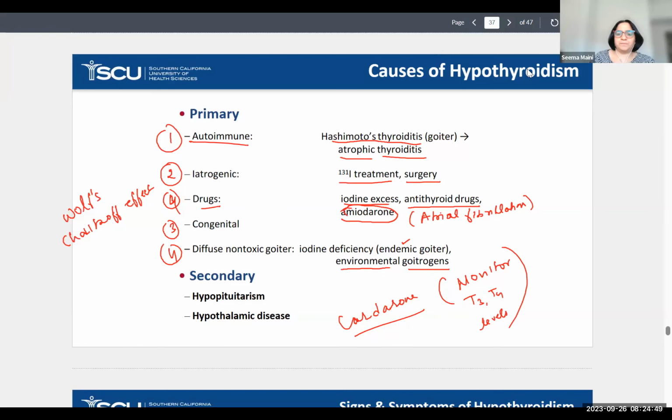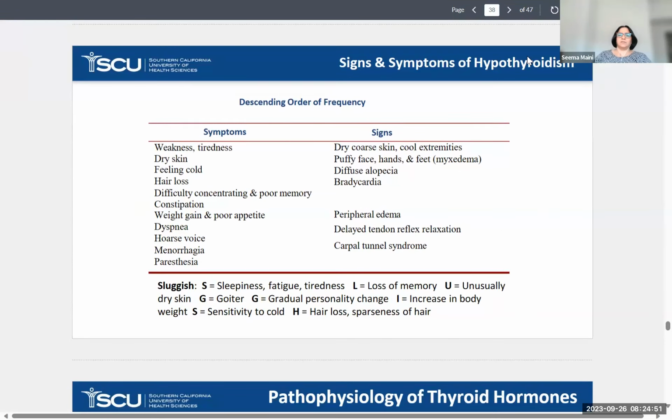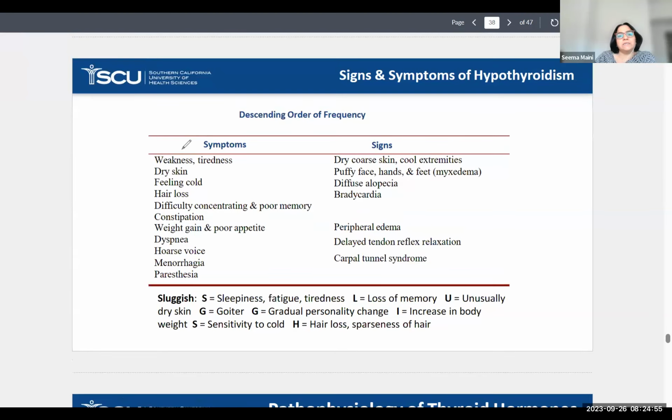Let's move on. These are the signs and symptoms of hypothyroidism. If you see a hypothyroid individual, this person is weak; the patient will complain of weakness, tiredness, dry skin, cold intolerance, hair loss.